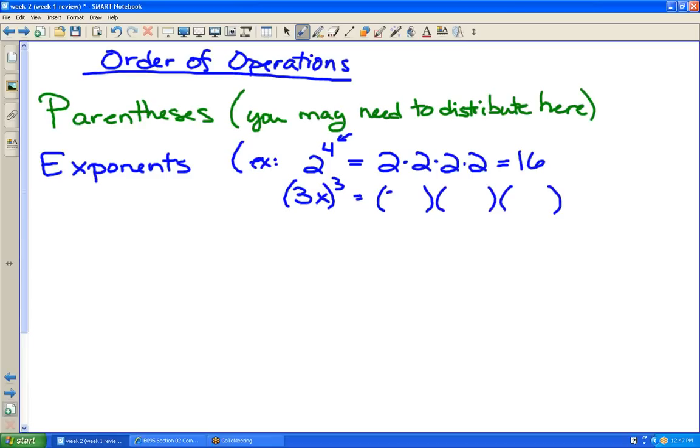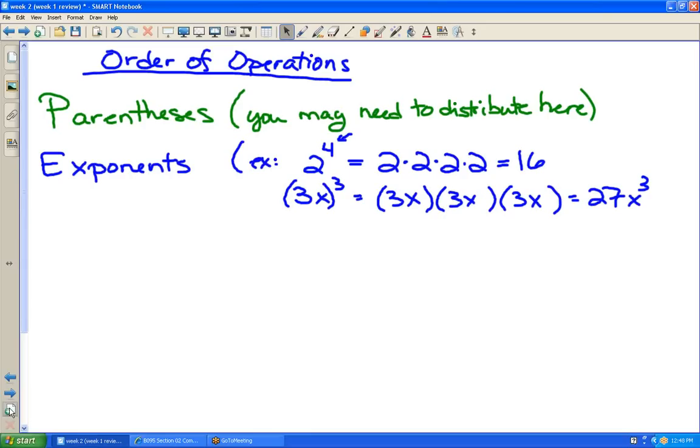What's in the parentheses? A 3x. Now if I'm simplifying it, 3 times 3 is 27. And then I have 3 x's. It's not going to be an actual number because I don't know how big x is. X is just a placeholder saying some number that I'm going to multiply by.